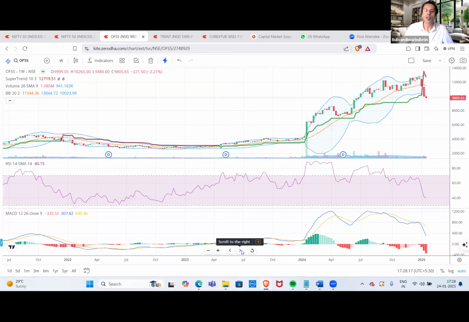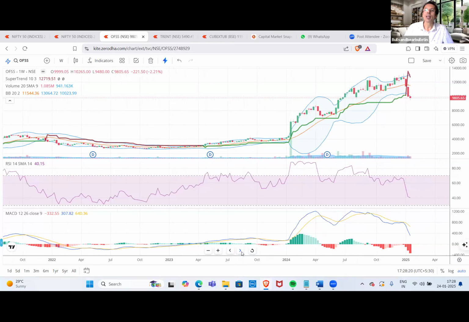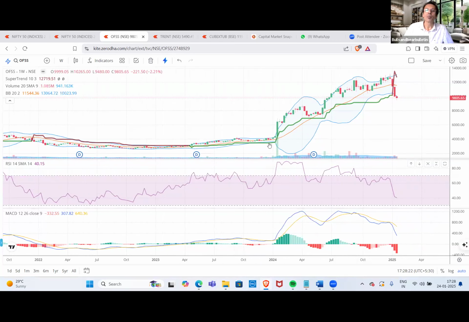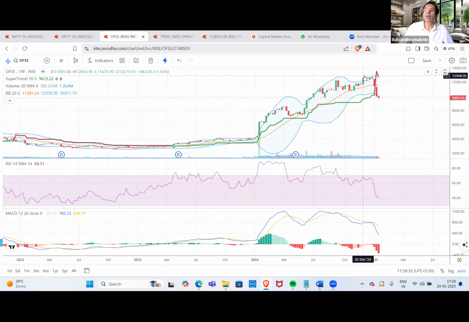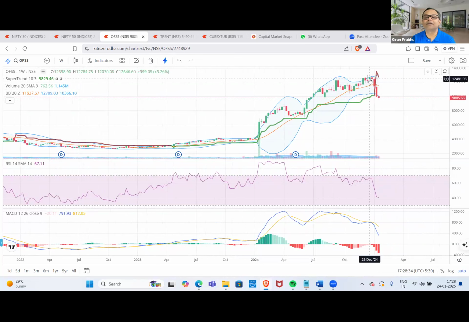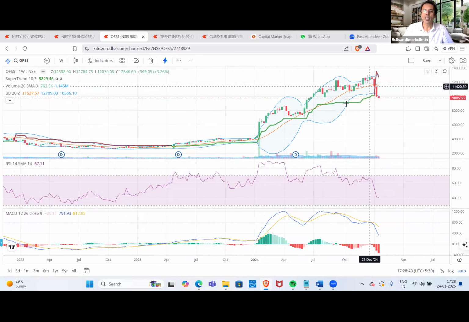After that, it has never looked back. From here the price is 4,287, and all the way it has made a high of 12,900. From the breakout level, it has hardly taken 1 year.